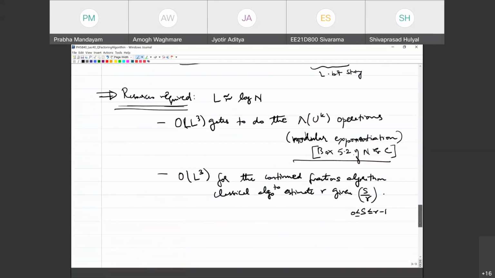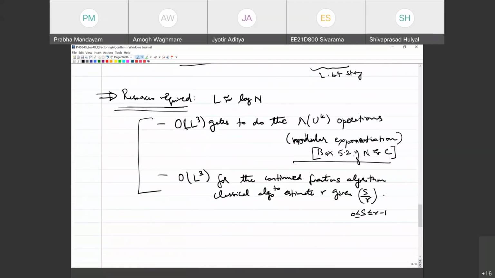So the entire thing is basically an order L cube algorithm. Just like how your Fourier transform itself was an efficient algorithm, something like n log n instead of 2 to the n, similarly here, this is log n cube.